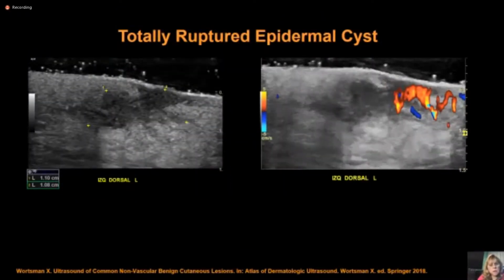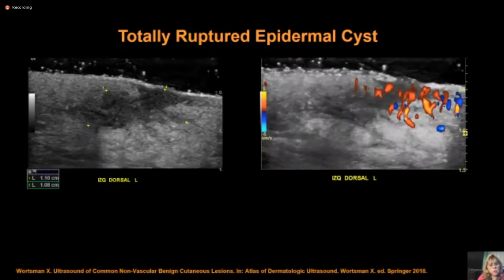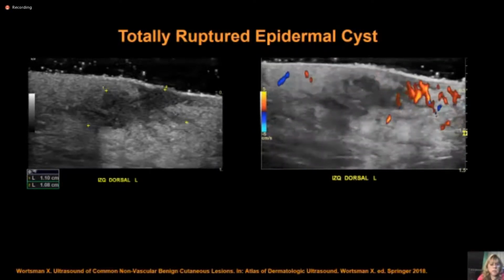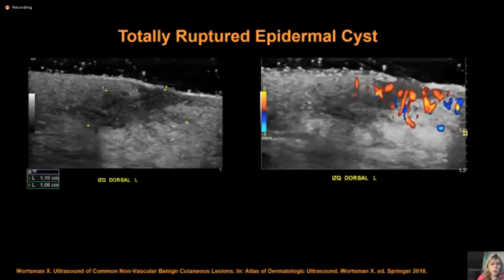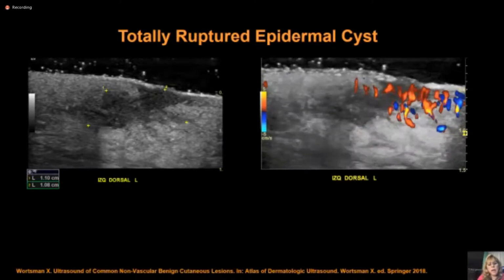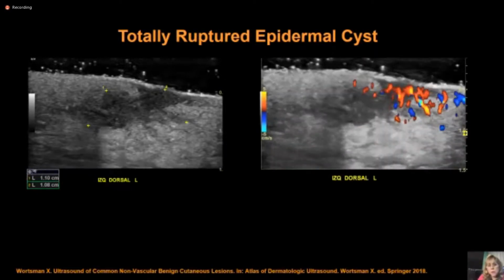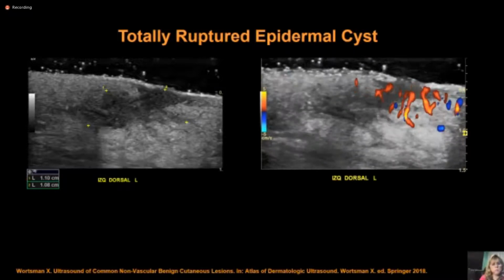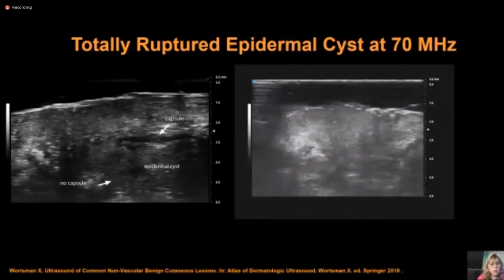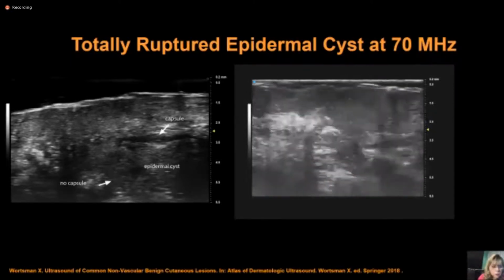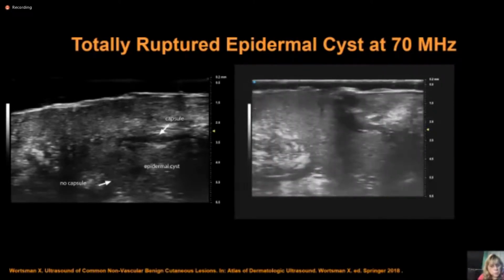In this case, you can notice that there's no well-defined structure. There is hypoechoic tissue in the dermis, still with some posterior acoustic enhancement. And please see the hypervascularity, mainly in the periphery of the structure. But if we go to the 70 MHz probe, we notice fragments of the capsule in the dermis.